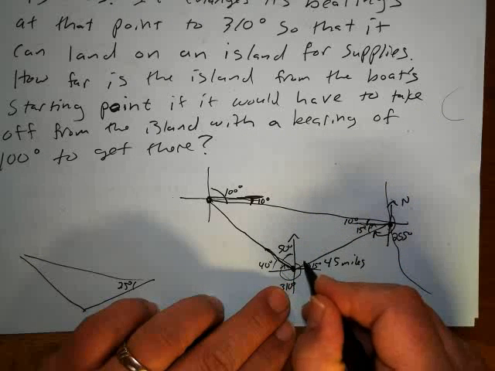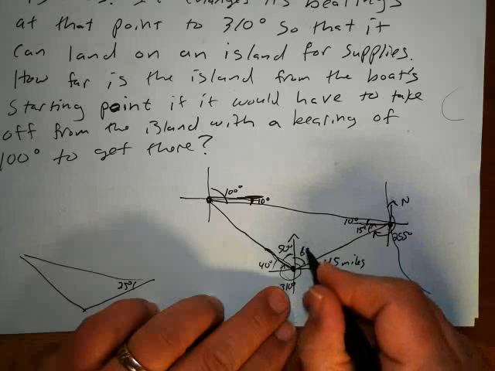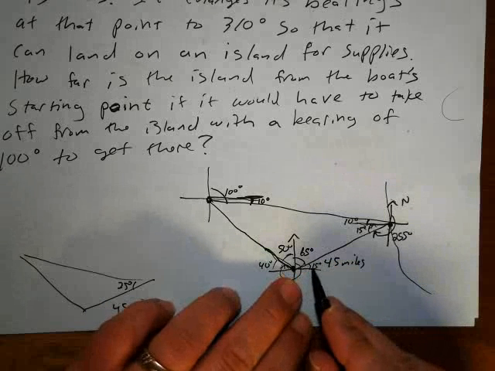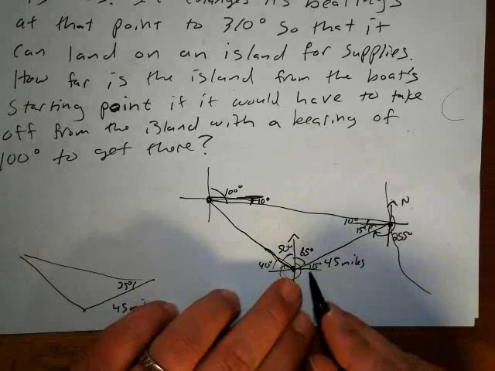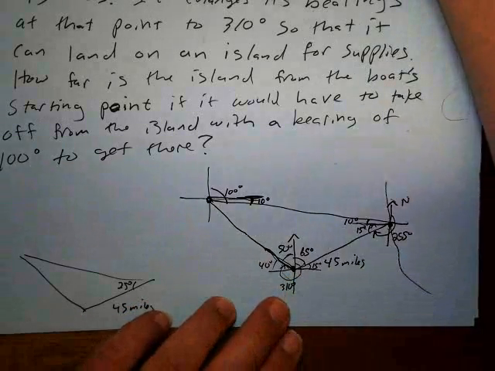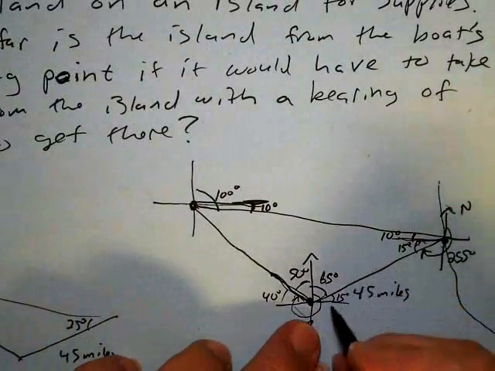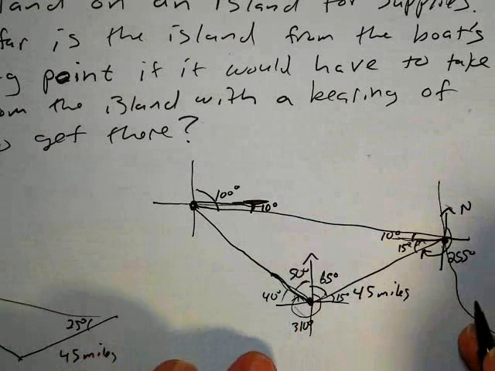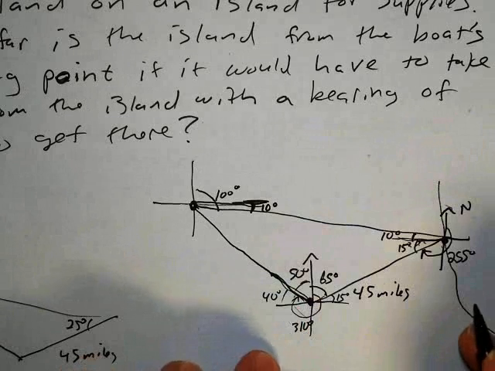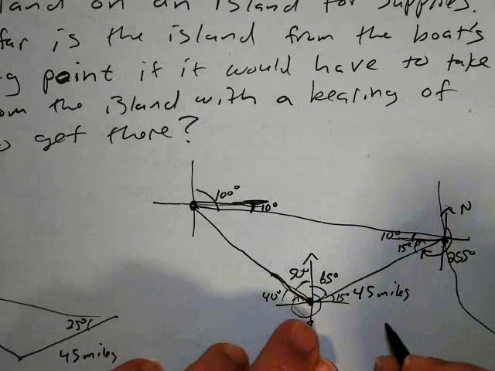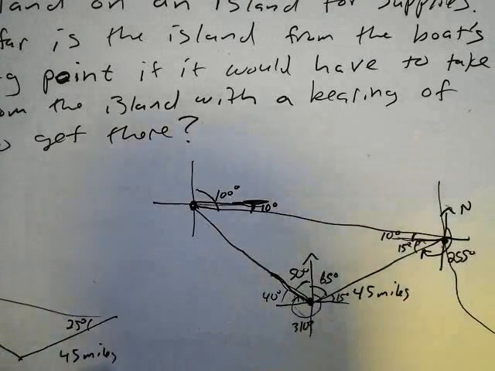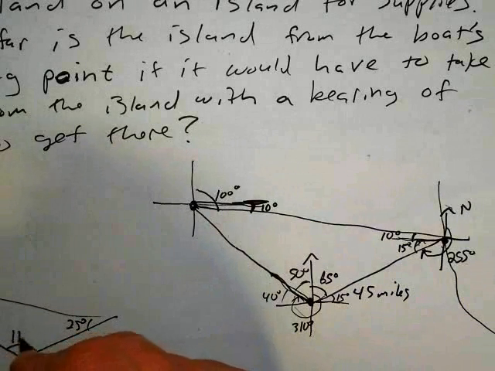So that would make this 65 degrees, I think. And if I could zoom in on that, maybe. So 65 and 50 there, that would be 115 degrees, I think. And so this would be 115 degrees.